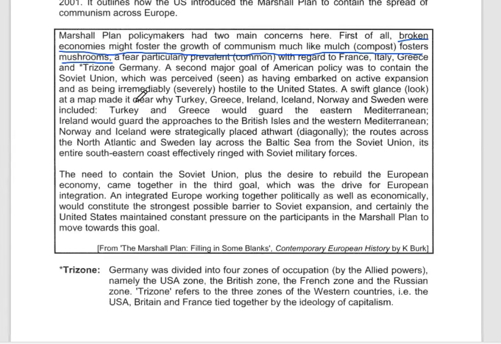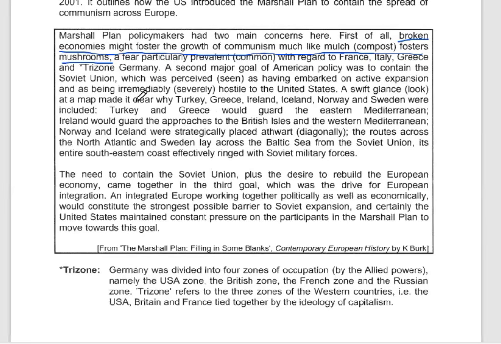They were in dire straits, and Russia took a chance to spread its ideology. So it was a concern for the Marshall Plan policymakers that the economies were broken, and that might foster the growth of communism, in the same way mulch fosters the growth of mushrooms. Right, that is the first response.